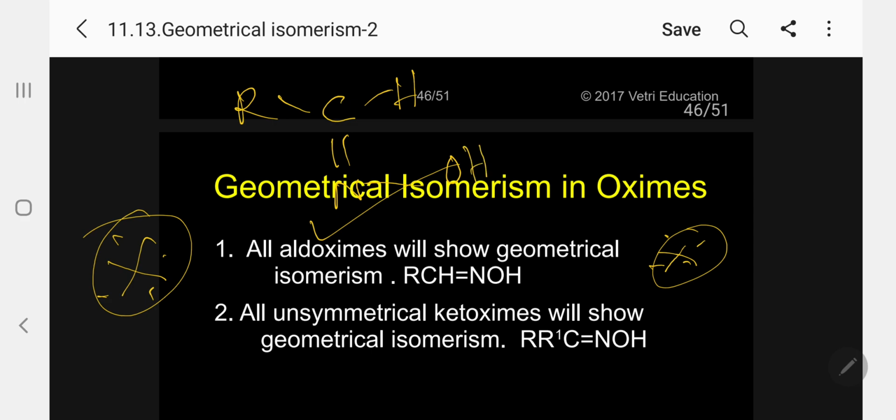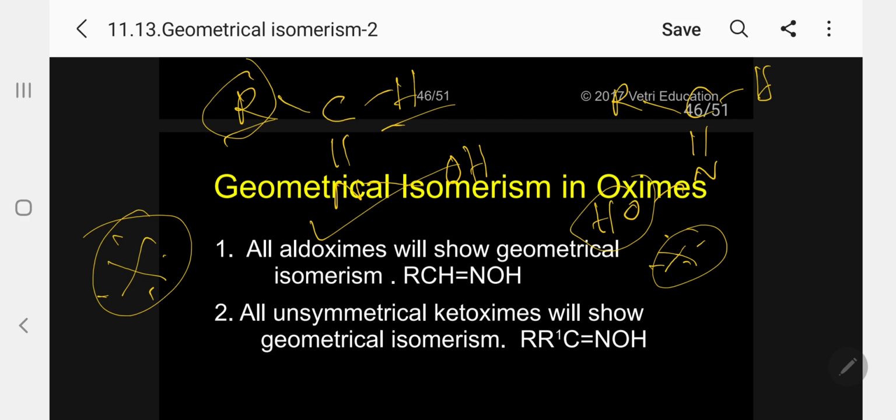So what can I say right now? R, C, H, double bond, N, OH here. So when these two are different, only in aldehyde, with respect to OH, here the OH is opposite to the alkyl group, here the same as the alkyl group. So there are two different configurations.